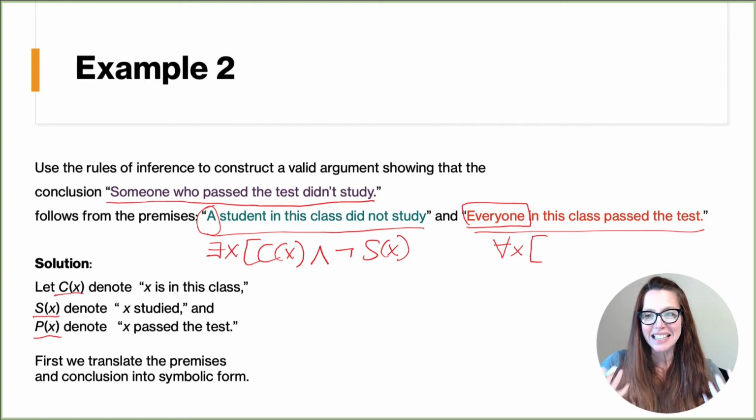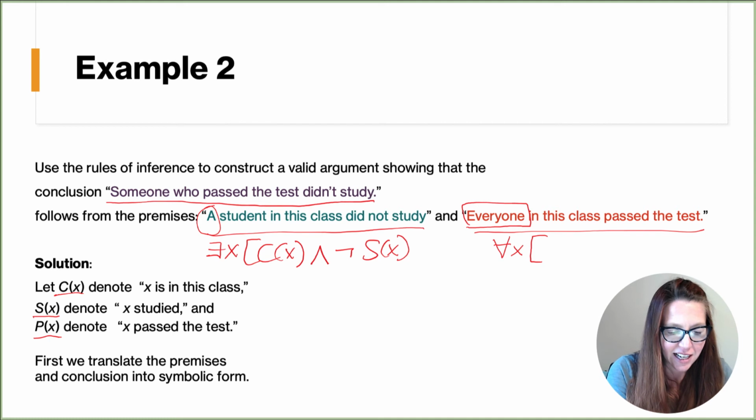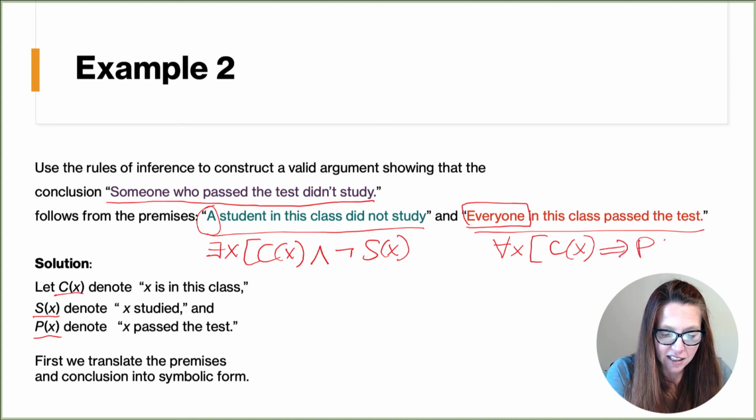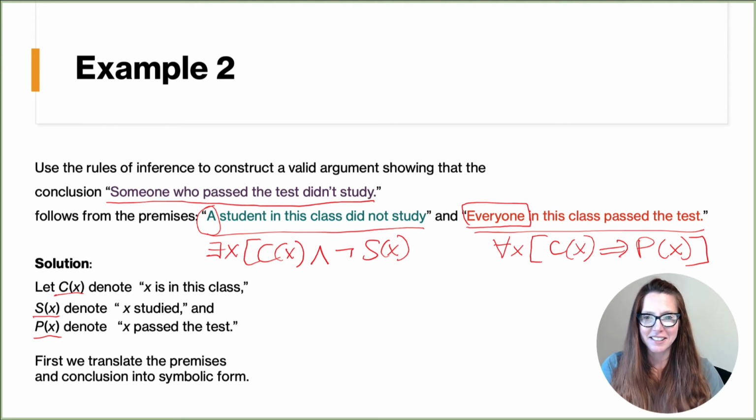So everybody in the class passed the test. It might be tempting to assume that we would just go straight to for all x, they pass the test, but they must be in the class to have passed this test. And so in fact, this is an implication scenario. If they're in the class, then they pass the test. It would be hard to pass the test if they weren't in the class to take it in the first place.